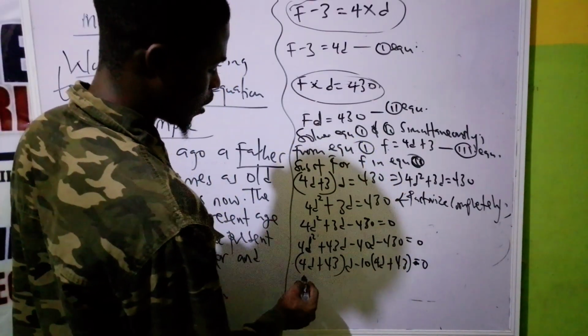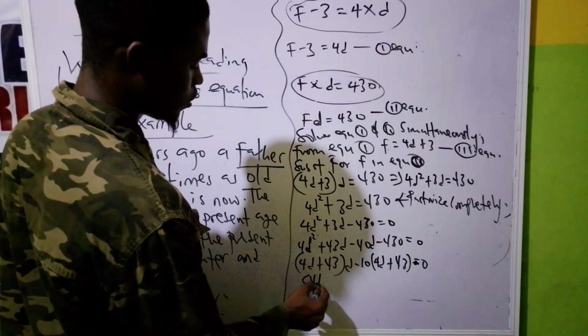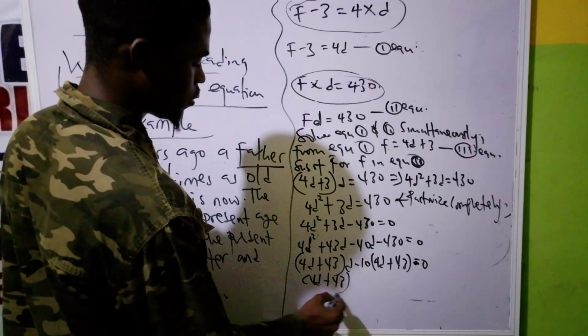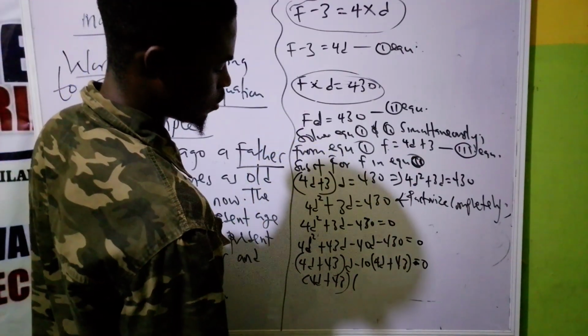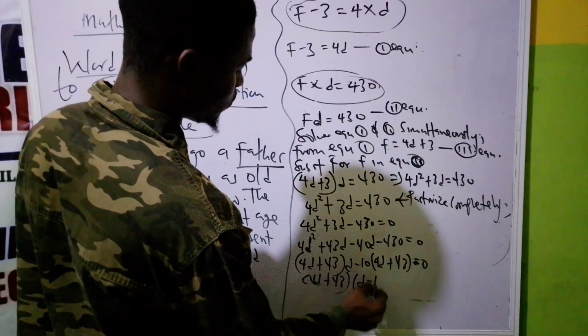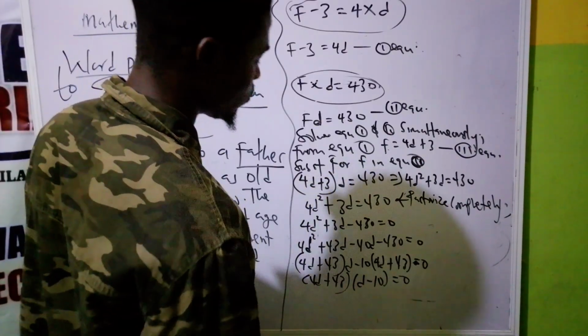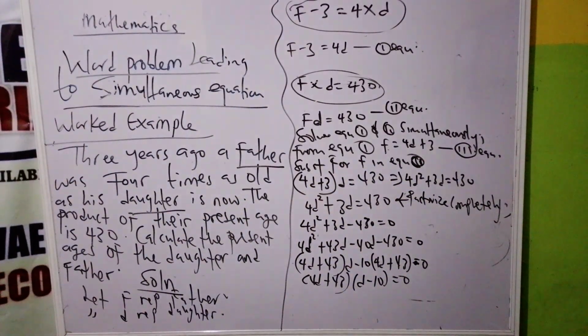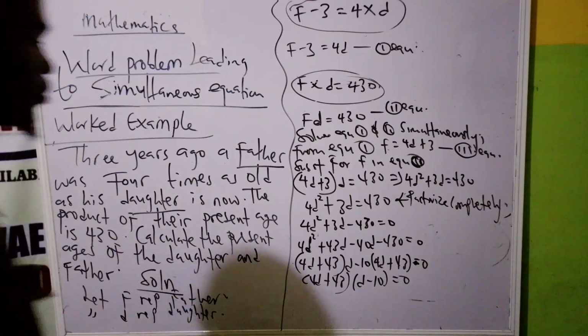So you bring out 4D plus 43, and then D minus 10 equals 0. There's no stress about that.